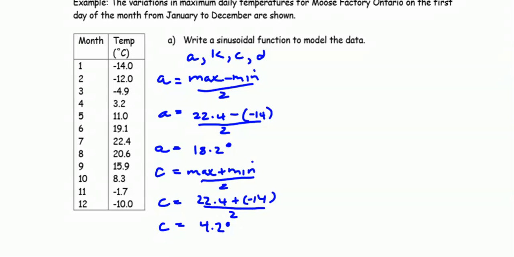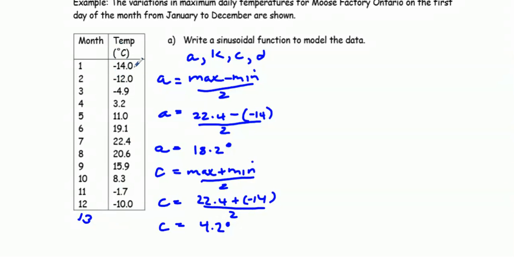The problem with this is that it doesn't start at month 0. Month 1 represents January. So if we go through this, month 1 is January, February, March, April, May, June, July, August, September, October, November, December, and we need to get back to January, right?